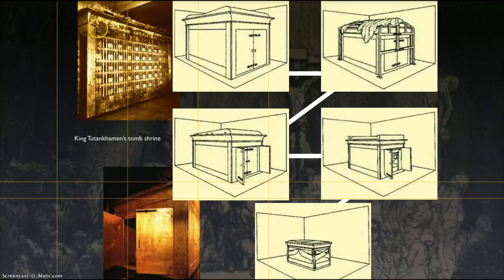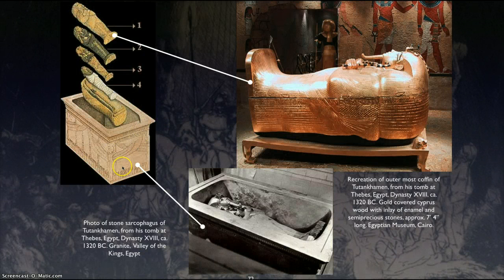That sarcophagus was surrounded by multiple layers of wood covered in gold, and then another layer of wood covered in gold, and then another and another, until you get down, and here's one of the gold boxes. This is wood covered in gold. Multiple layers until you get down to the stone sarcophagus. And that's this piece here, and this piece in the photograph.